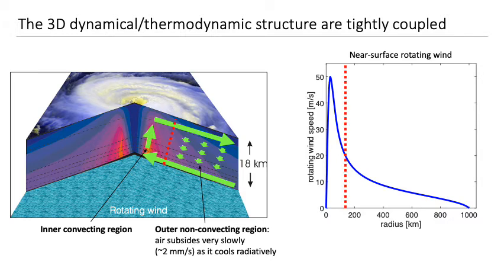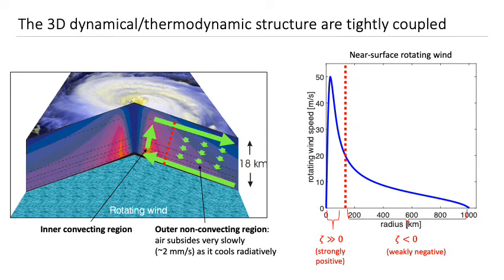If we put this red dashed line on here to separate the regions, what you'll notice is that in this inner convecting region you have very strong winds, but you also have very strong positive relative vorticity, much larger than zero. Then you have this really broad region, and you have to remember too that this is a circle, so the area is weighted by radius. You have this broad annulus outside of the inner core that actually has negative vorticity.